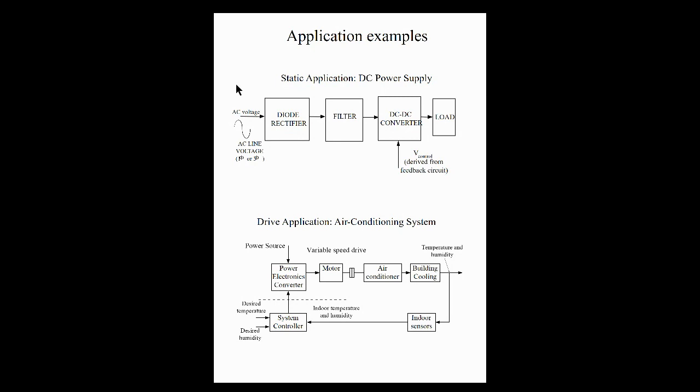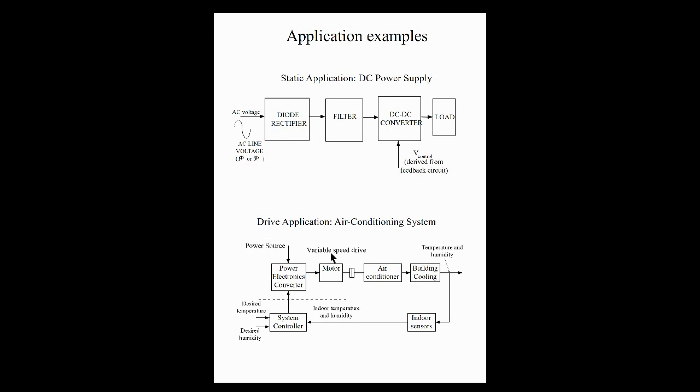Looking at the first, our DC power supply, it takes in your AC voltage, then you have your diodes and your filters here, and then you have the power electronics at this part that will be converting this electrical power back to your desired output and level, by means of feedback control.